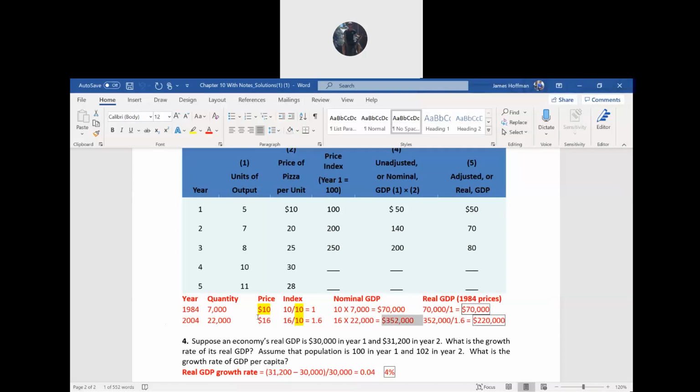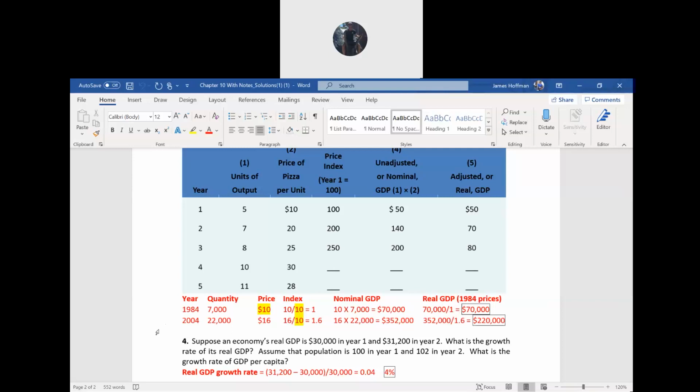To do that, all you have to do is divide the nominal GDP by that year's index. So nominal GDP is 70,000, and this index is 1. For the base year, you should always check that the nominal GDP and the real GDP are the same, because the index for the base year is just 1, right?